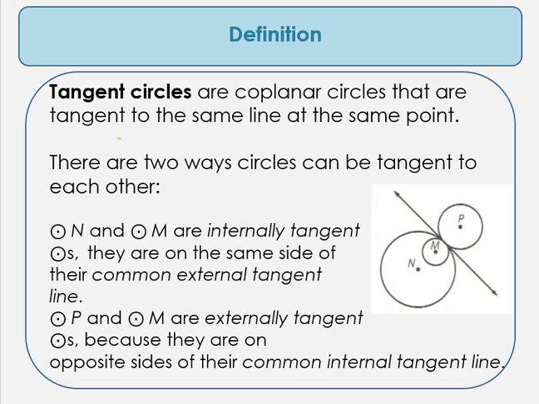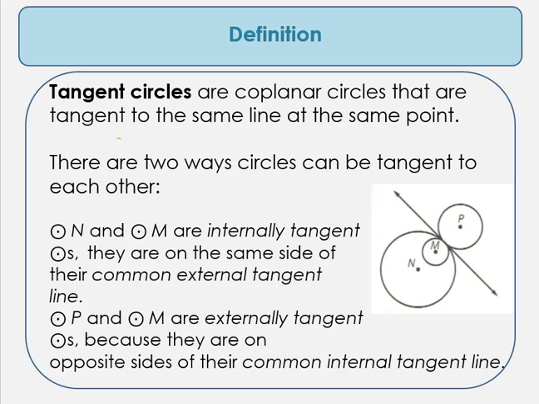So tangent circles are coplanar circles that are tangent to the same line at the same point. So here's our tangent line, and we can see that all 3 of these circles, M, N, and P, are all tangent to that same line. N and M, if you can note, are on one side of the line.